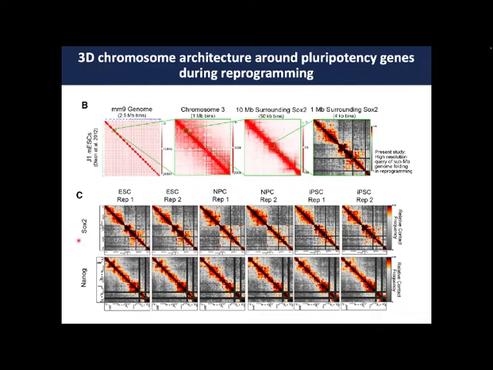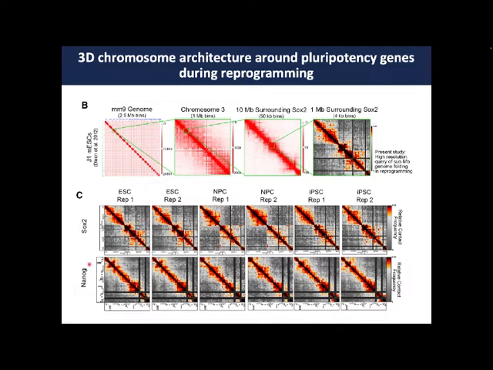If we amplify the 1 megabase region surrounding SOX2 in ESC, NPC, and iPSC, there are very dramatic changes. You may notice that the profile of the NPC is different from ESC, and the ESC profile is quite similar to iPSC. That means during differentiation and reprogramming, the chromosome architectures are dramatically remodeled, and reprogramming from NPC to iPSC restores the original conformation of chromosome, similar to the ESC.